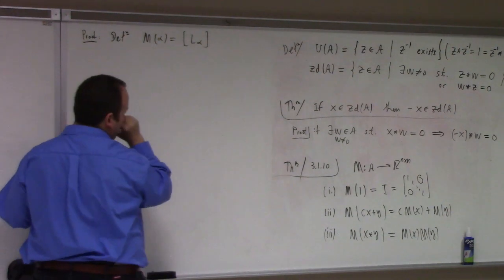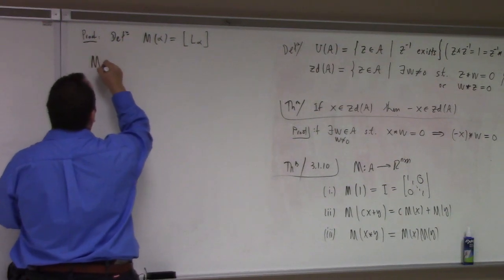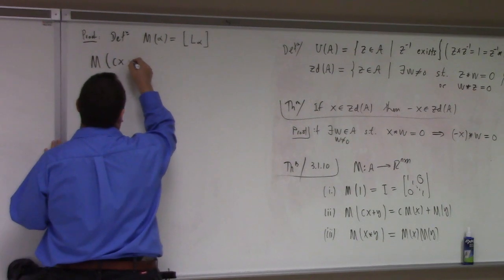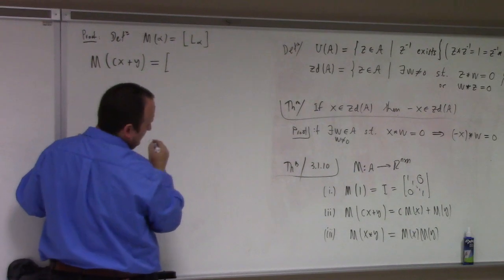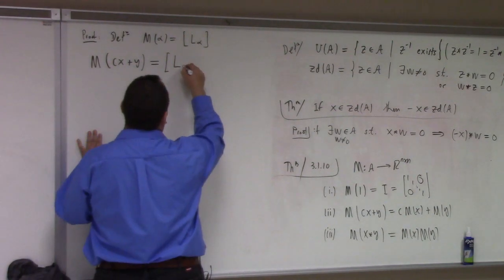So let's see here. Oh, actually, I'm an idiot. So the matrix of Cx plus y is the standard matrix of left multiplication by Cx plus y.